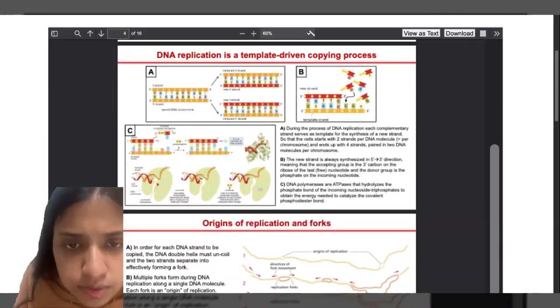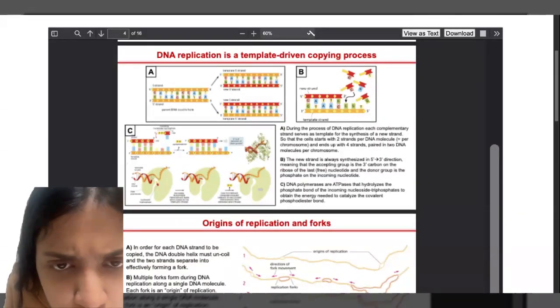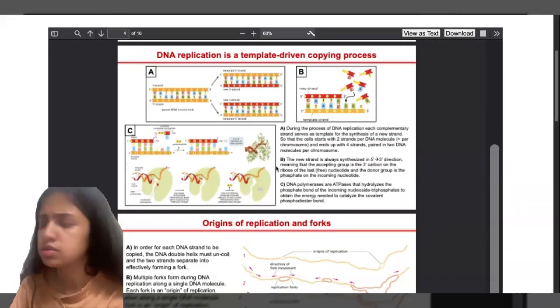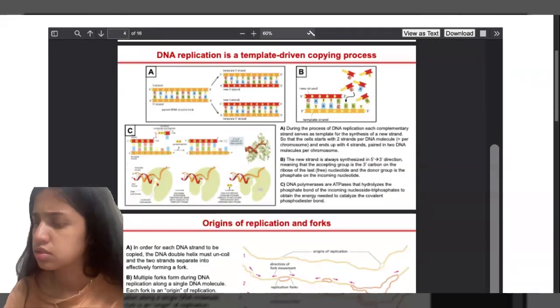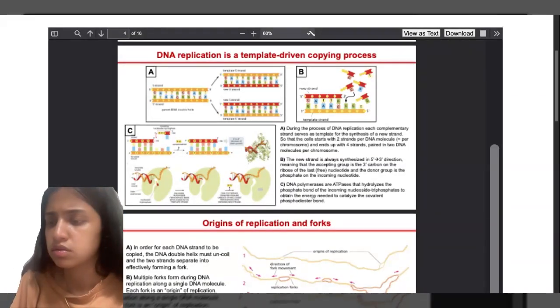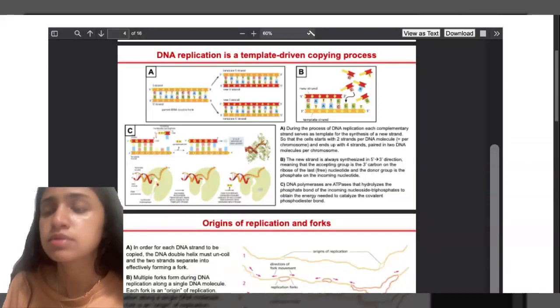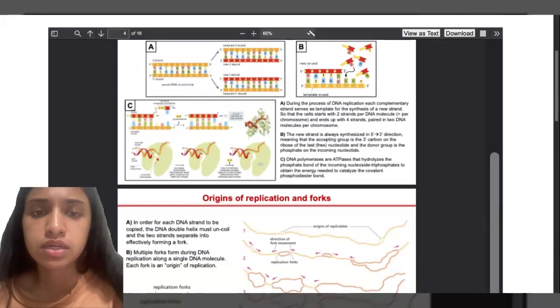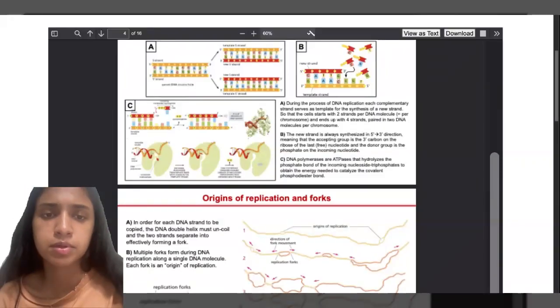No, I don't think it's... Yeah, this concept was mostly about... yeah, it was the topoisomerase case. Topoisomerase releases the stress, and after that, ATP hydrolysis, the upcoming nucleotide.